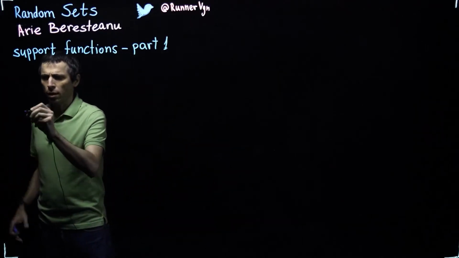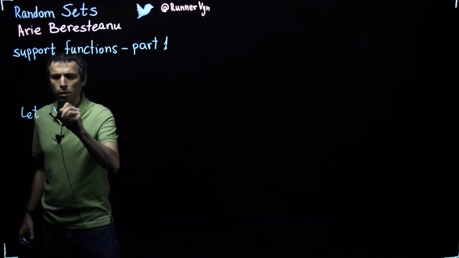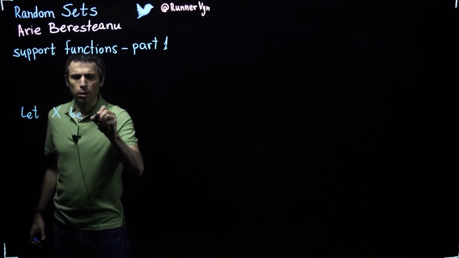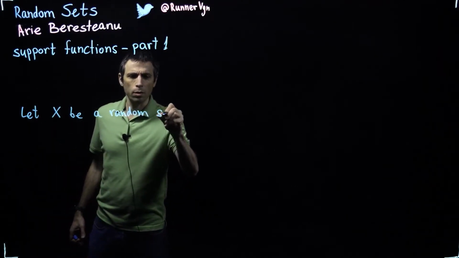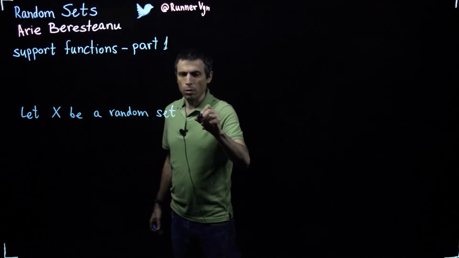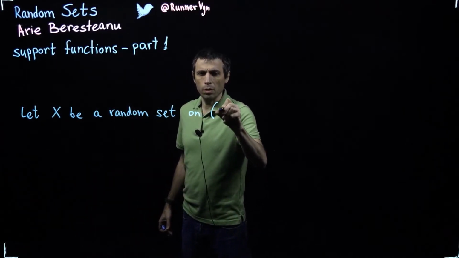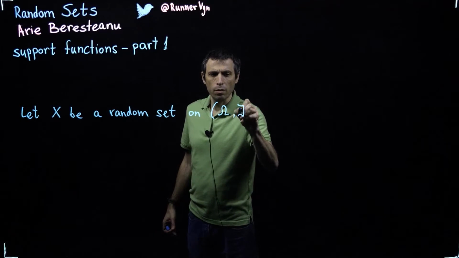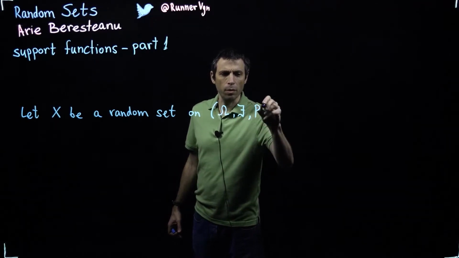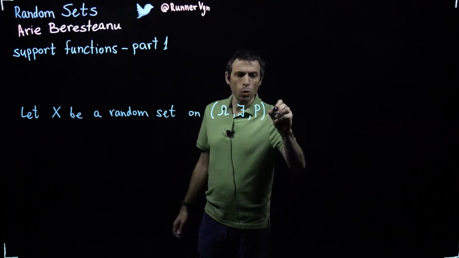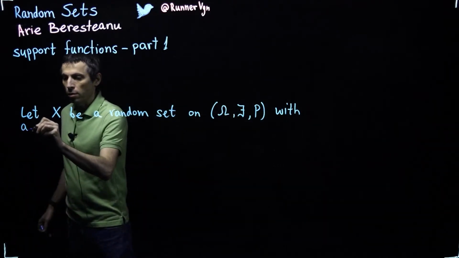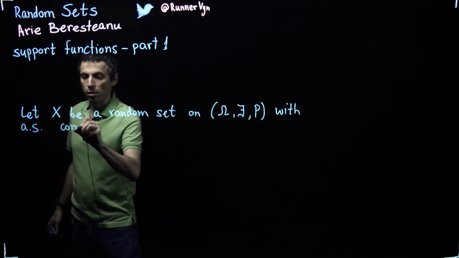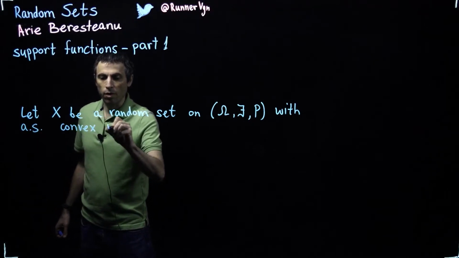So let X be a random set on probability space (Ω, F, P) with almost sure convex values.